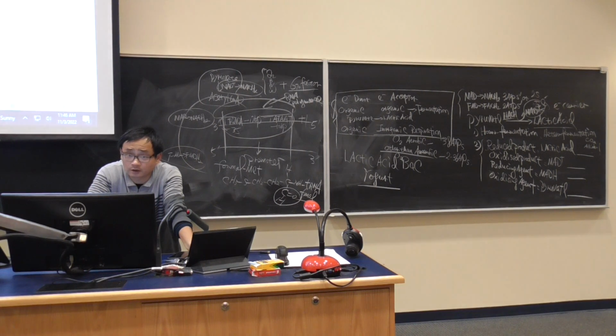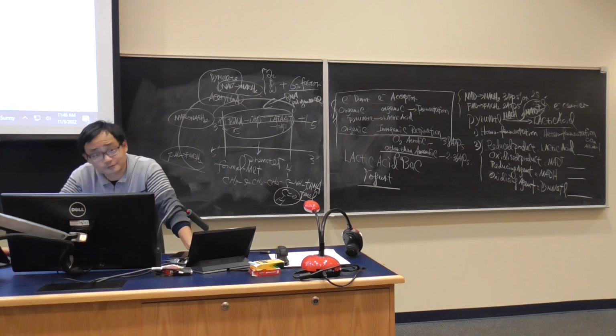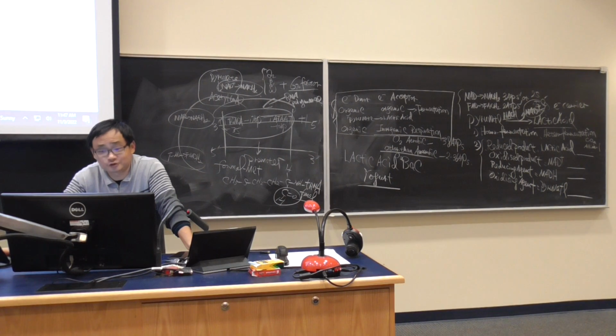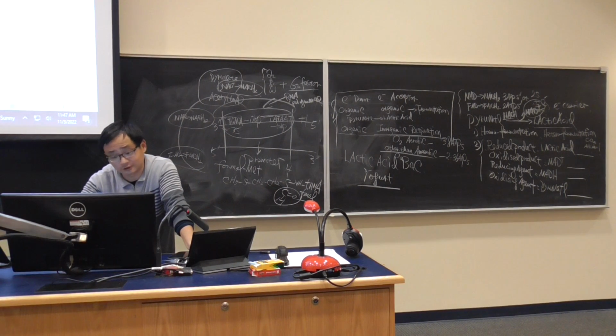C or D? Yes, uracil. Okay. Adenine is a purine, is that right? Then which one is not a pyrimidine? Yeah, the answer is A.